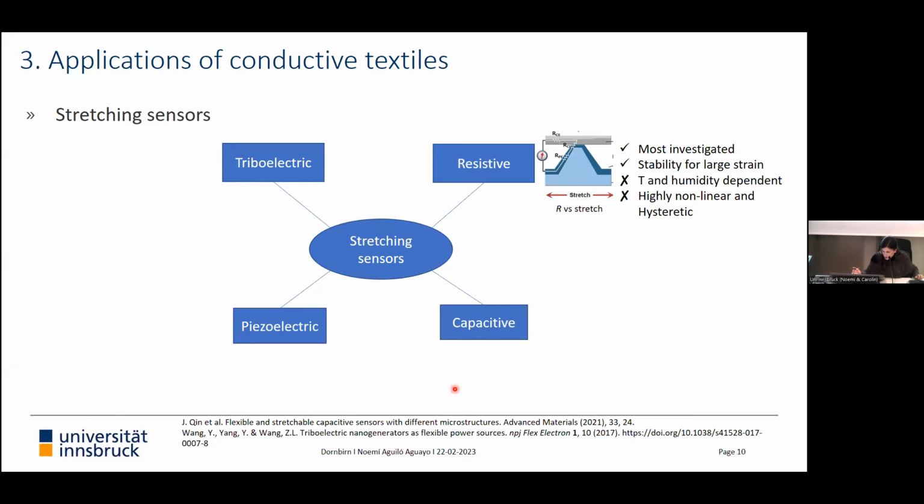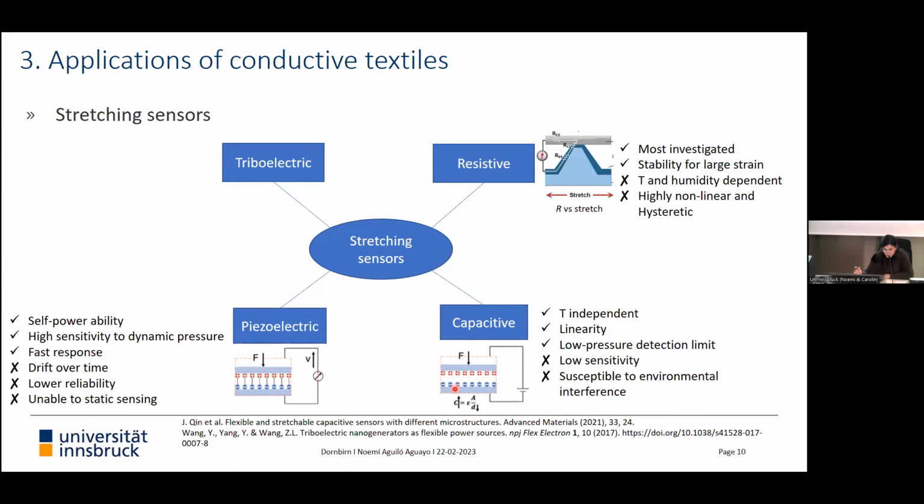The third principle is the piezoelectric. Here we have again two electrodes, two conductive structures, and in the middle we have a piezoelectric material. A piezoelectric material is a material that creates a voltage difference when we apply some force. And this is very interesting because this sensor is self-powered.